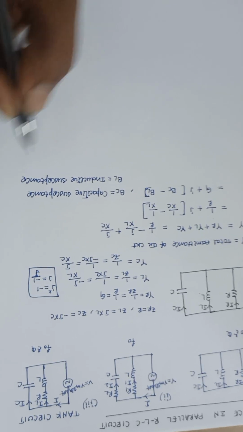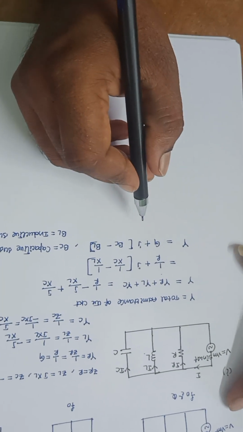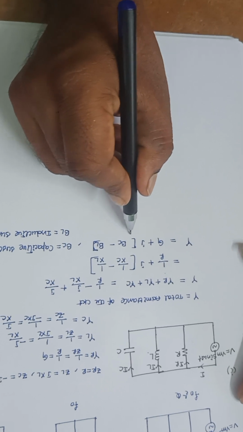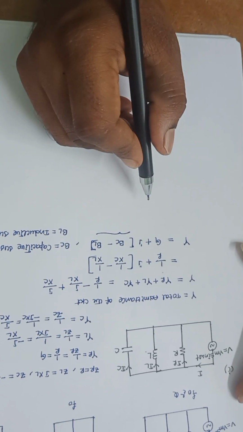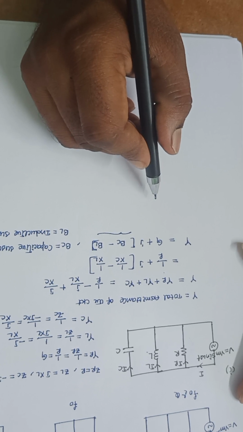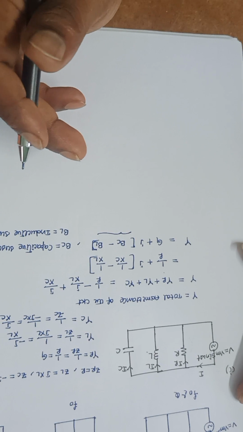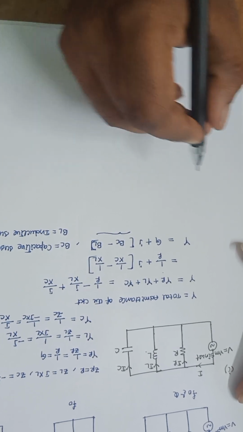Okay. Now we found this admittance, and we should make the imaginary part of this admittance equal to 0, so that I can get the condition for resonance. From that condition we can find the resonance frequency.